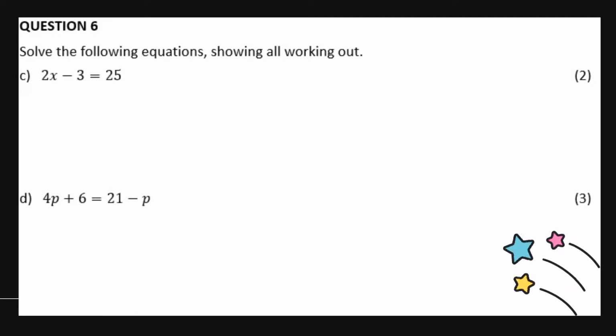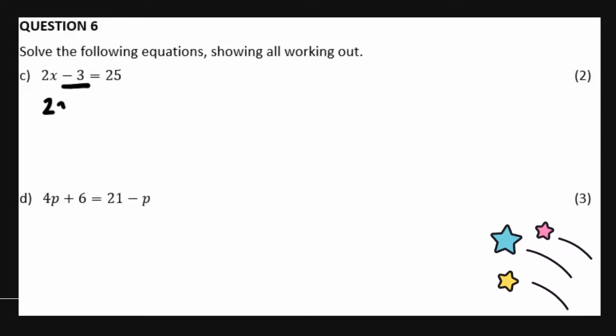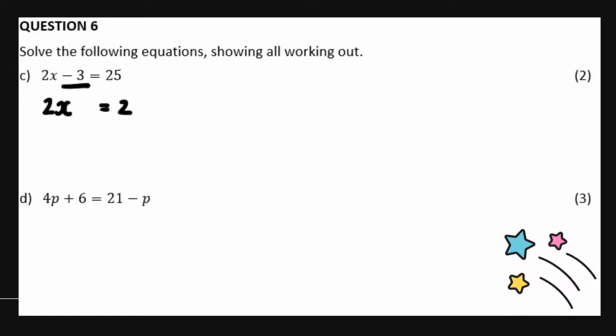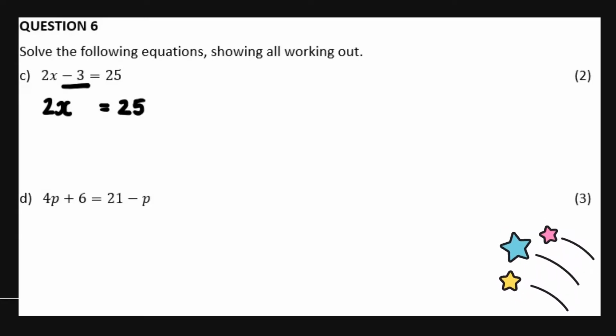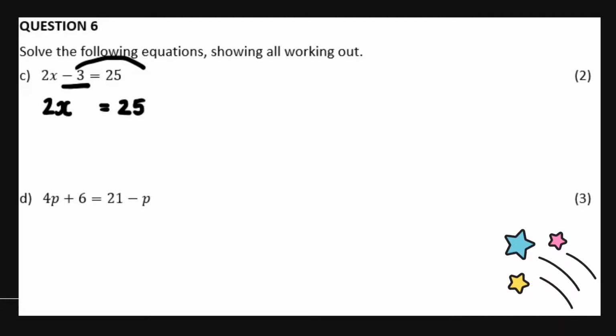Number C. Again, we need to move all the like terms to the same side. Here we are going to move negative 3. So we would write down 2x, which is in the right position, is equal to the 25 on the right hand side. Because we are moving negative 3 across the equal sign, it turns into positive 3.